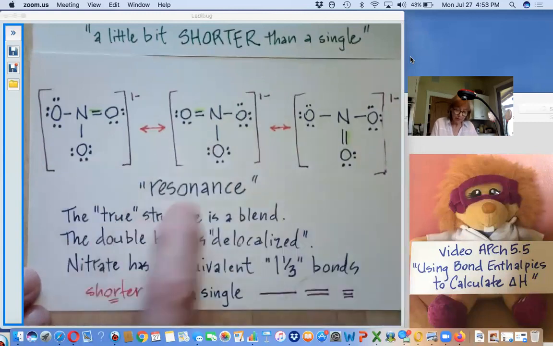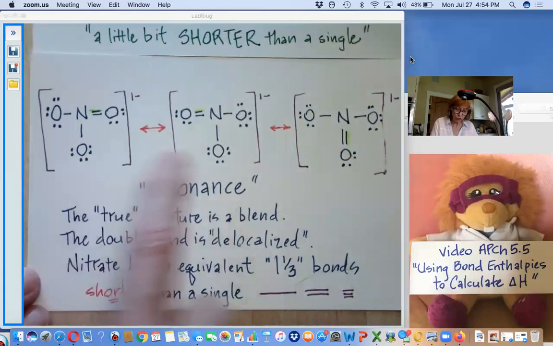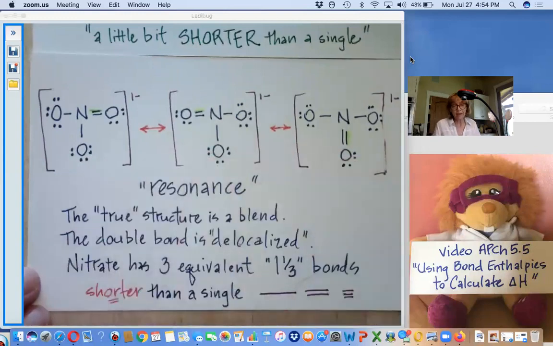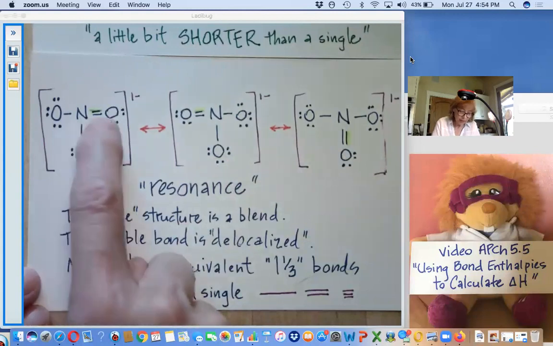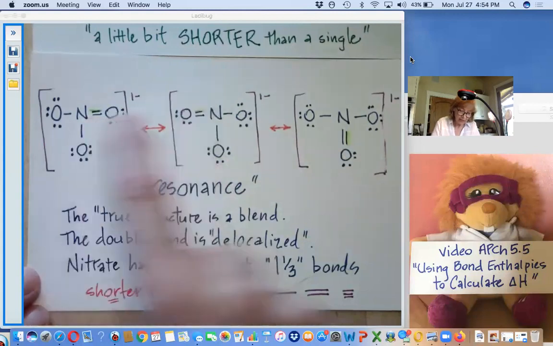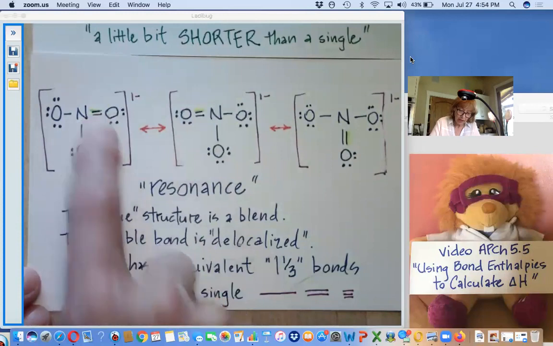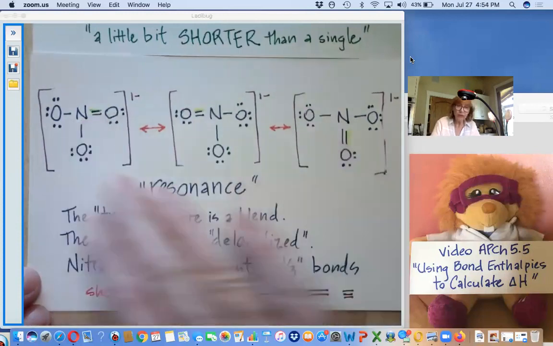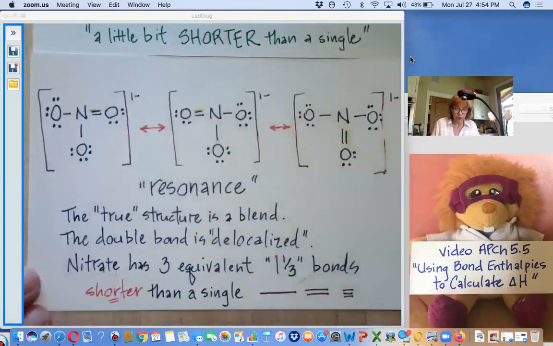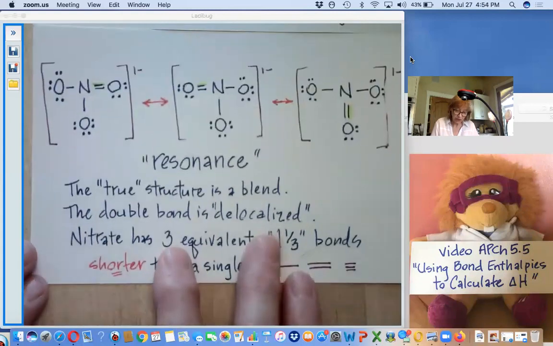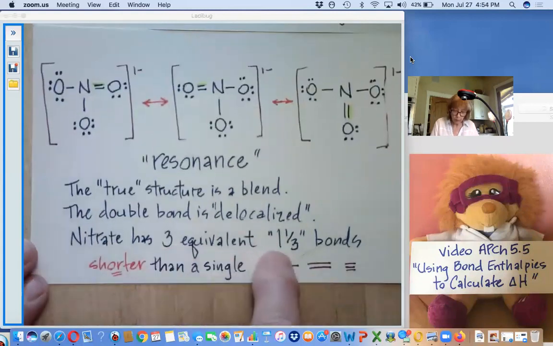And we said resonance is where the true structure is actually a blend. And furthermore, we talked about this double bond being delocalized, not here, not here, not here, but sort of smeared over the whole structure. And it was like nitrate actually had 3 equivalent 1 1/3 bonds.